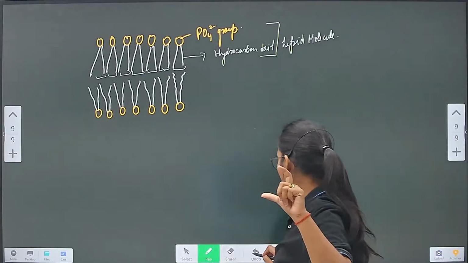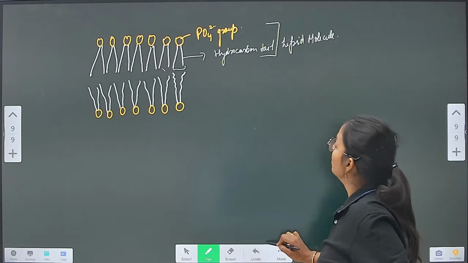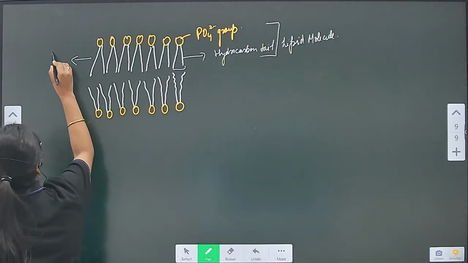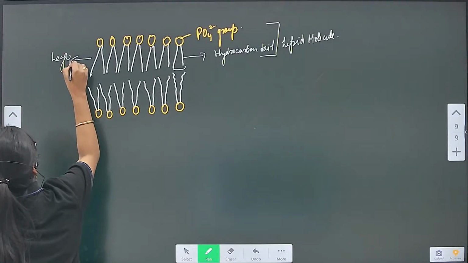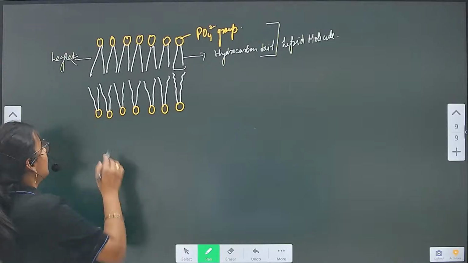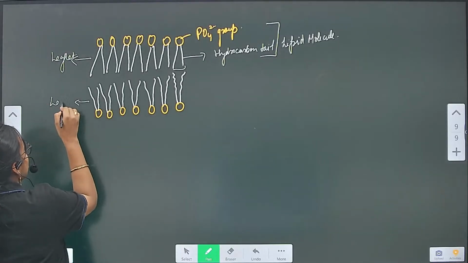Okay, so many of the lipid molecules combine to make one leaflet, and another molecule layer is making another leaflet.